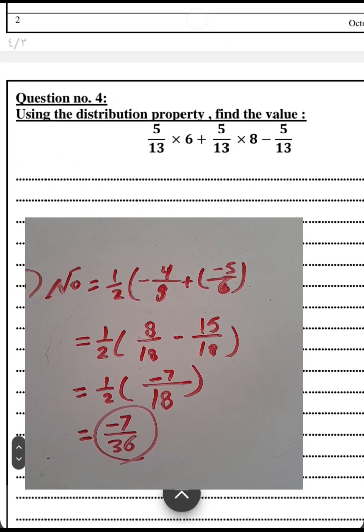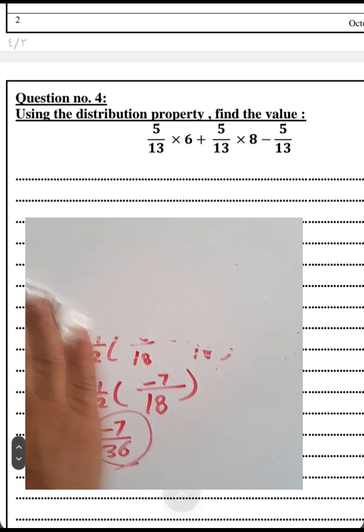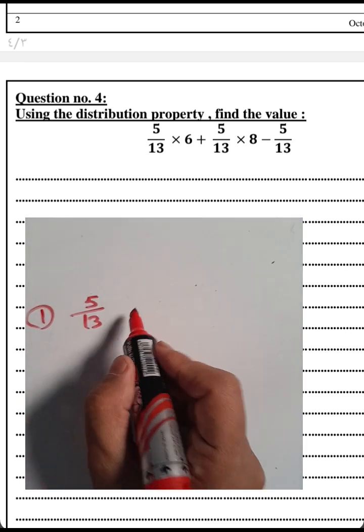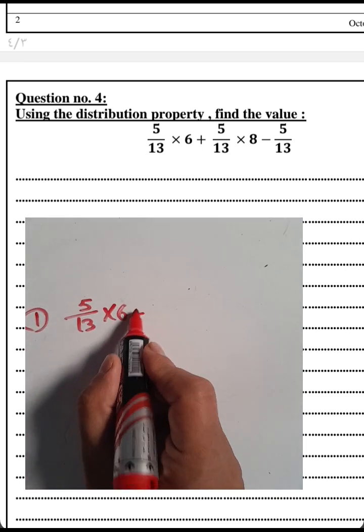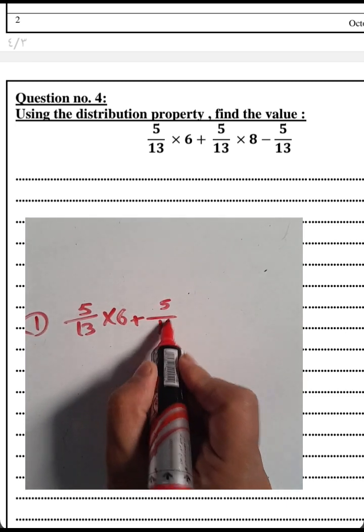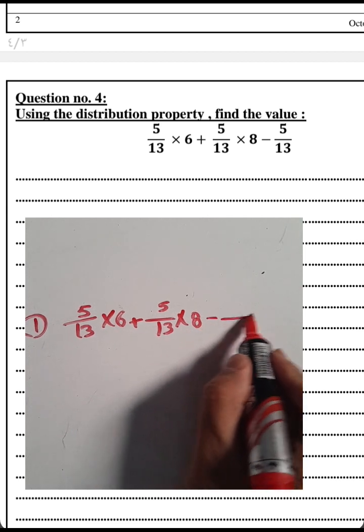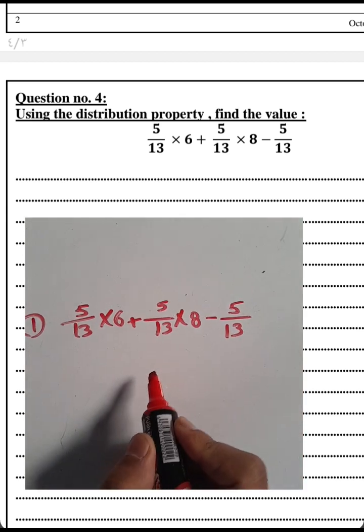Next question, number 4. Using the distributive property to find the value, we have 5 over 13 times 6 plus 5 over 13 times 8, subtract 5 over 13.